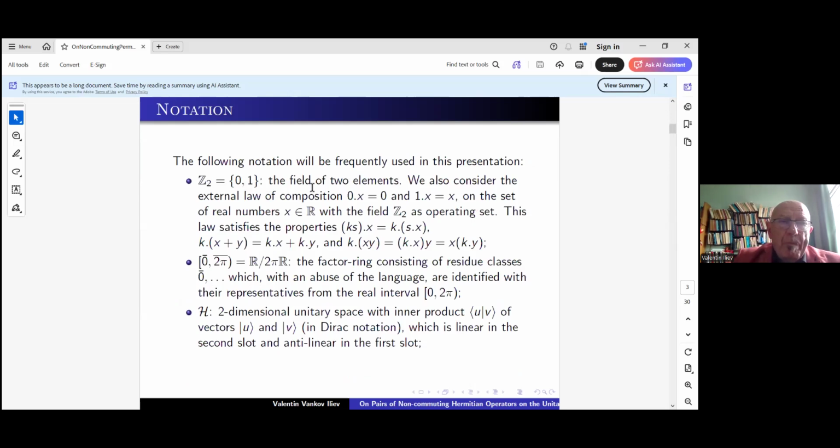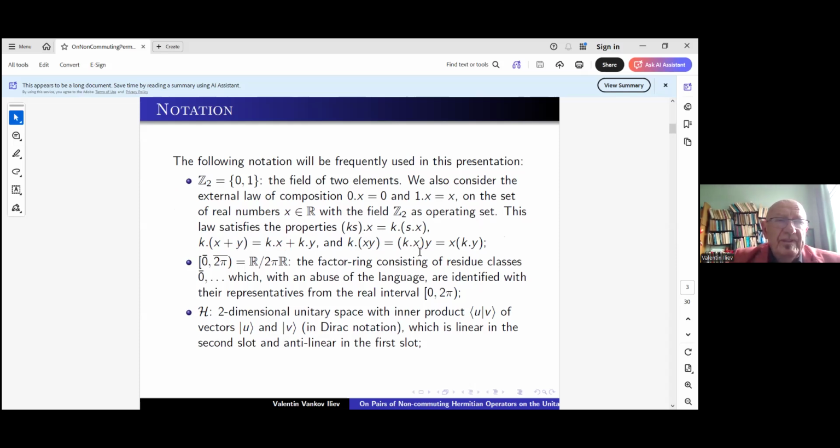We consider the field of two elements, Z2. It consists of two elements, 0 and 1. Moreover, we define an external law of composition, 0 times x equals 0 and 1 times x is x, on the set of all real numbers with this field Z2 as operating set.